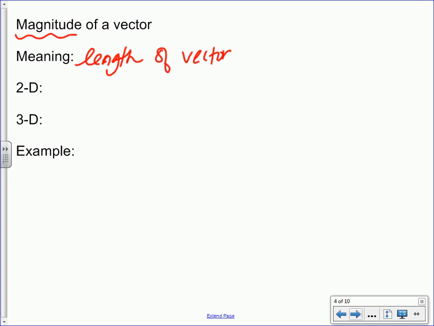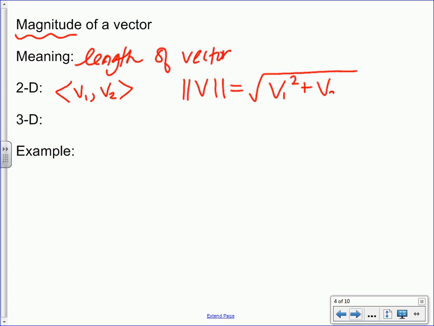If we had a vector v1, v2, okay, first of all, what was the notation for magnitude? It's like double absolute values. Good, double absolute values. So the magnitude of v, how did we find it? Square root of your horizontal component squared plus your vertical component squared. Okay?